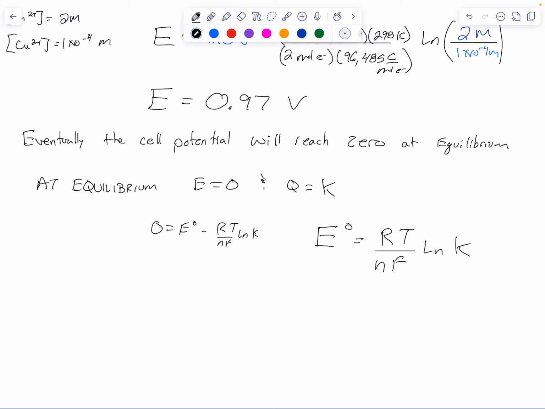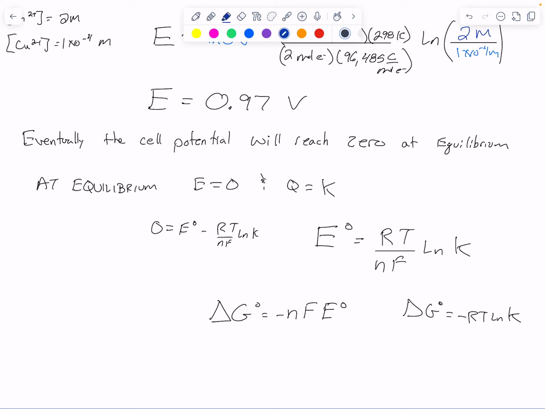With this, we have the standard cell potential and equilibrium constant. We also now have delta G standard equals negative nF E standard, and delta G standard equals negative RT natural log of K. So we have all those.